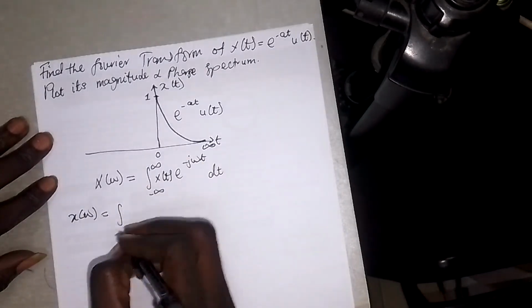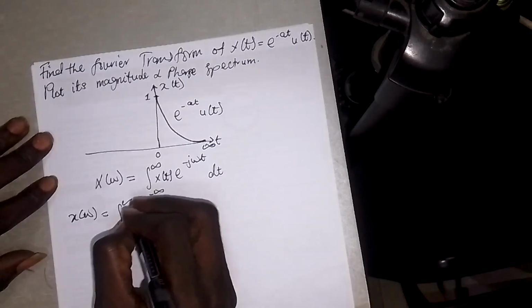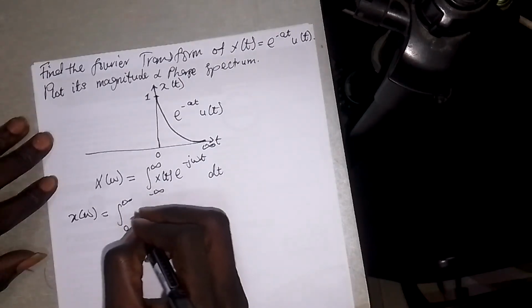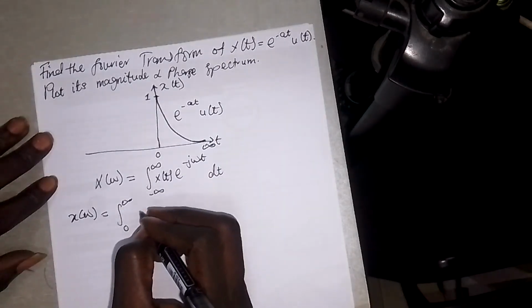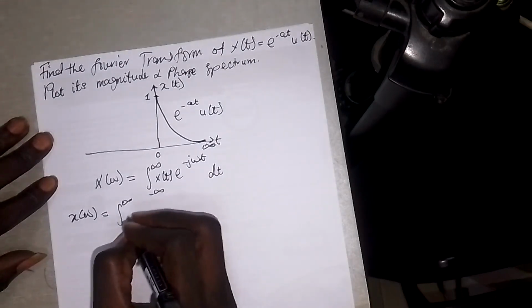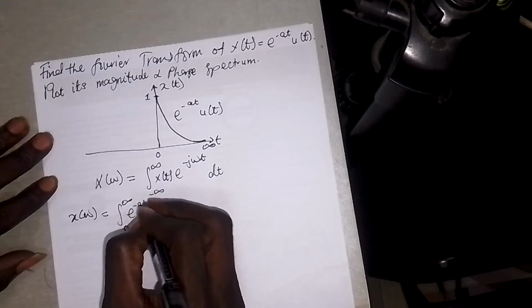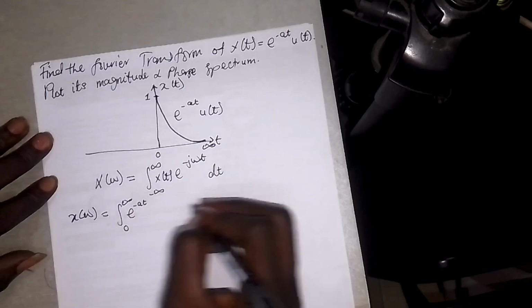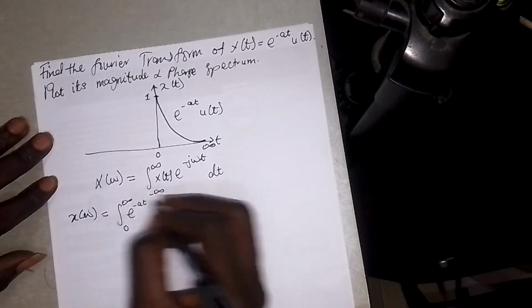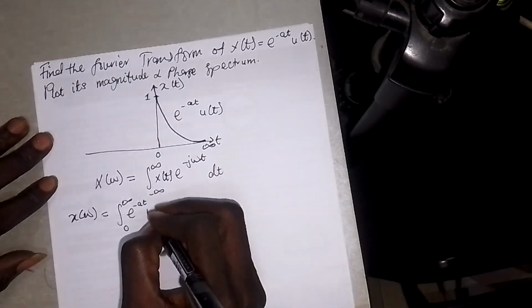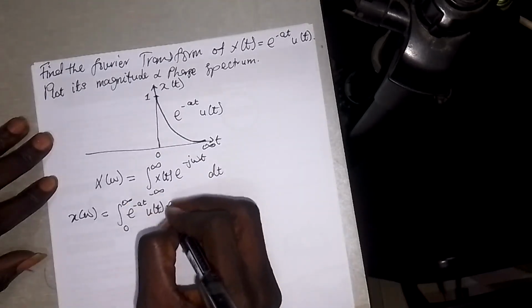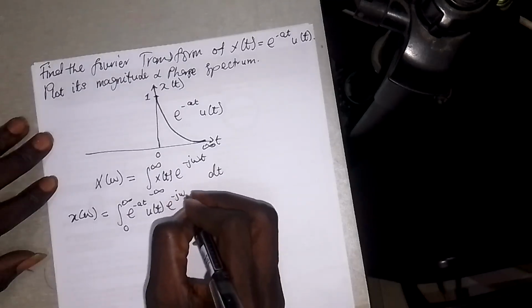Here X of omega equals the integral, starting from 0 to infinity, of x of t. What is x of t? x of t is equal to e to the minus at, into u of t, into e to the minus j omega t.